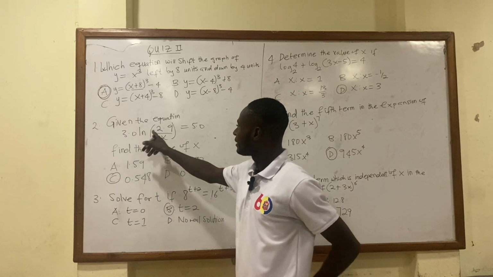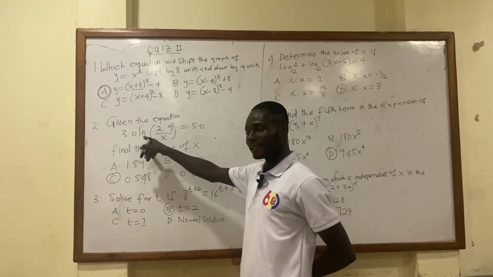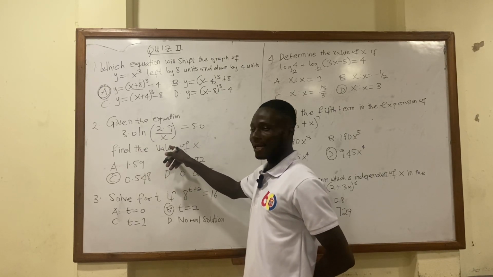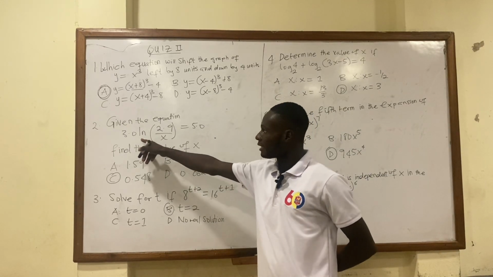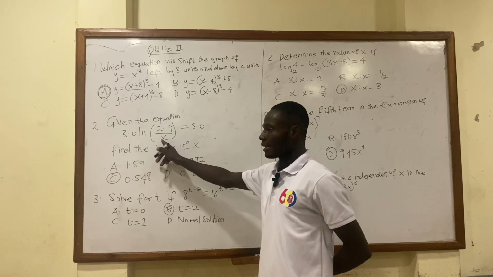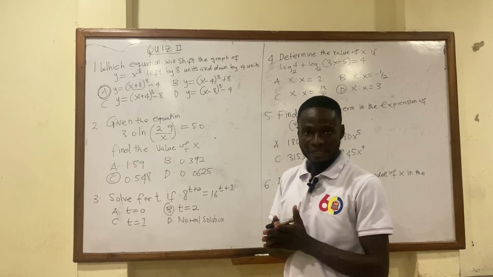And then, given the equation 3.0 ln (2.9 over x) is equal to 5.0, you have to find the value of x.